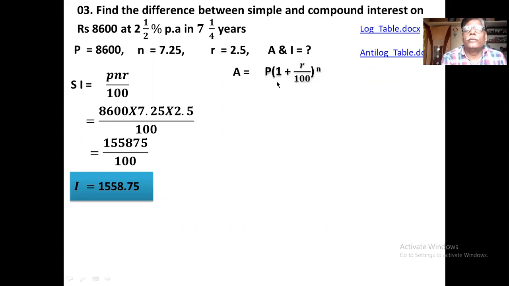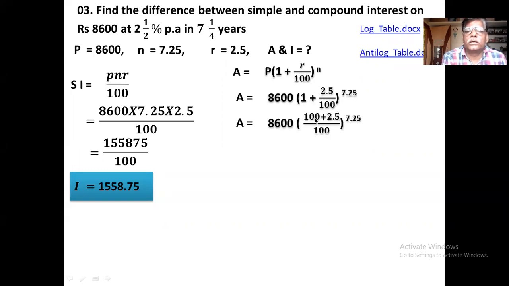Amount is equal to P into 1 plus R by 100 to the power N. So amount is equal to 8,600 into 1 plus 2.5 divided by 100 to the power N. First you simplify the middle bracket carefully. Maximum mistakes you make here only.